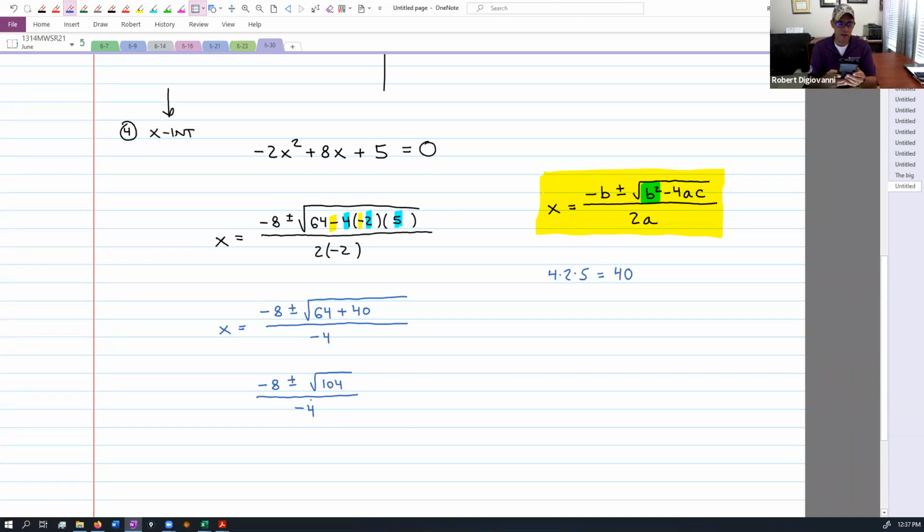Do you have a calculator, Caitlin? Yes. What did you get for that? 104. Don't do any division yet. Just do, what was the square root of 104 on your calculator? It's not letting me. What kind of calculator are you using? Right now I'm just using my phone one. Oh, okay.